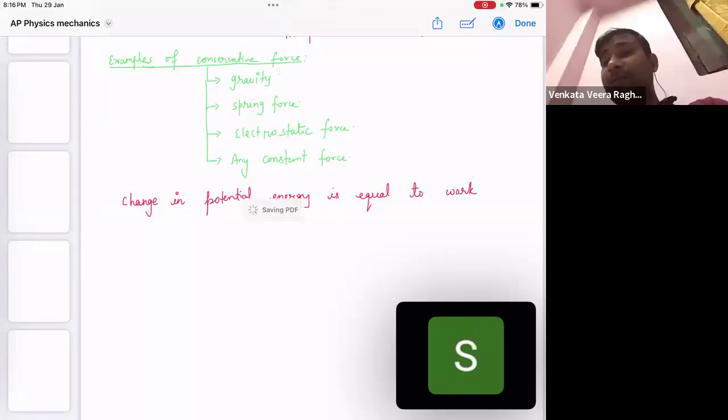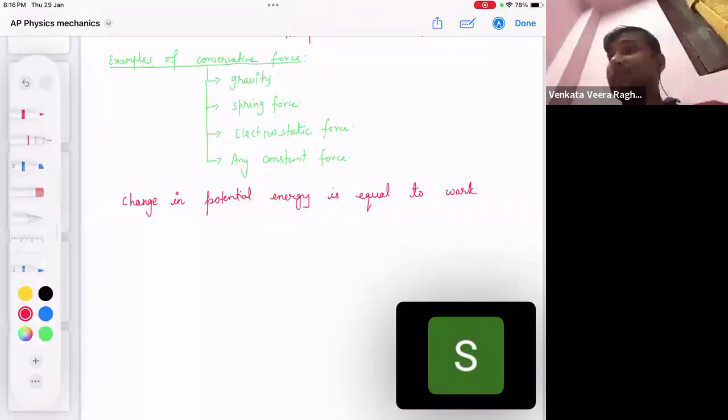How much work we are doing against the conservative force will be stored in the form of potential energy. The potential energy of a body can increase, and it can decrease as well. When it will increase or decrease depends on the work done by the conservative force.